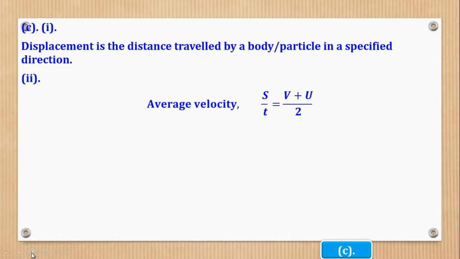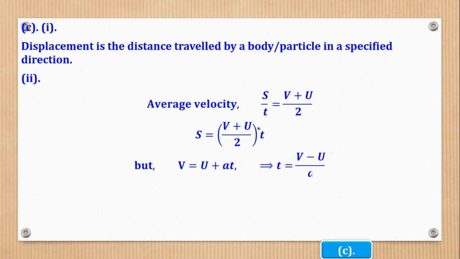So you come and say that average velocity is given in two ways. One, it can be displacement over time, or it can be the sum of the two velocities divided by 2. But they want us to make s the subject, so I'll bring this to this side to come up with this. Then I'll remember that the first equation of motion is given by this. So when I make t the subject, I'll come up with this, which I can substitute here.